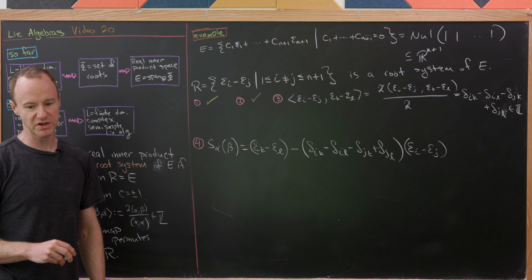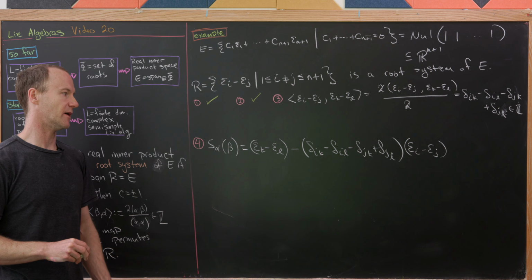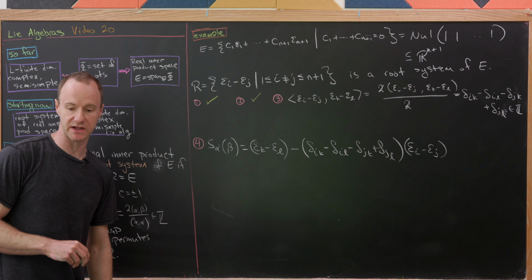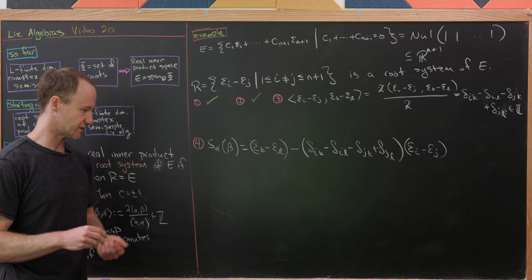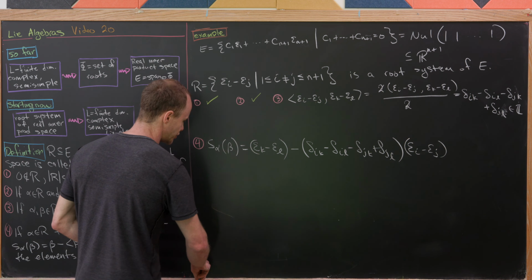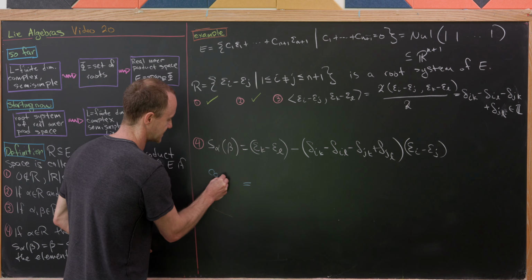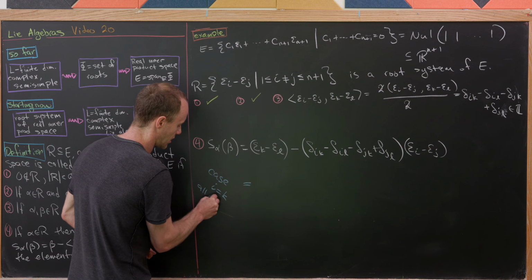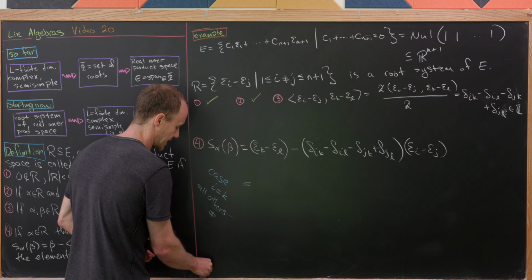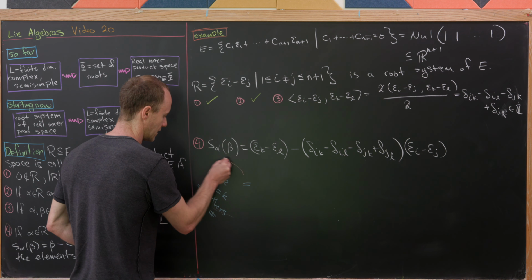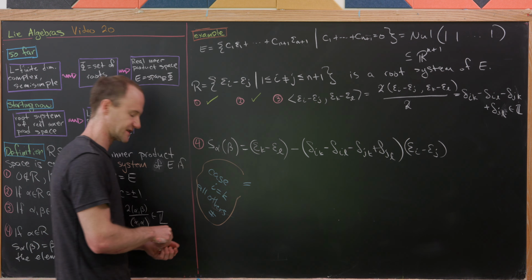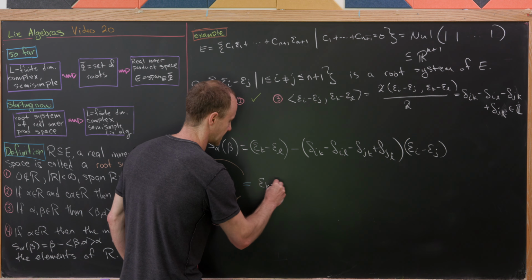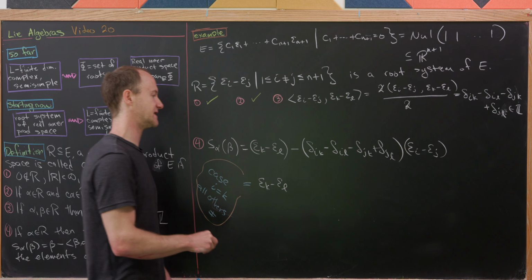Now, there's going to be a bunch of cases here to check based on the choices of i being equal to k or not equal to k, and so on and so forth. So let's just do one of the cases, and that is the case when i is equal to k and all others are not equal to each other. And then, well, all the other possible cases are essentially the same here. So let's see, we're going to get epsilon_k minus epsilon_l, just bringing that down.